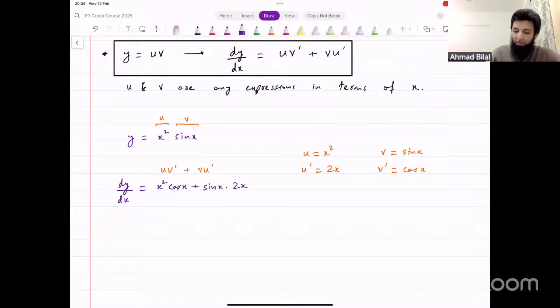And that's the result that you get. This is the derivative of that function, x squared times cos x plus 2x times sine x. This is dy over dx for this function. All right. Make sense to everyone?